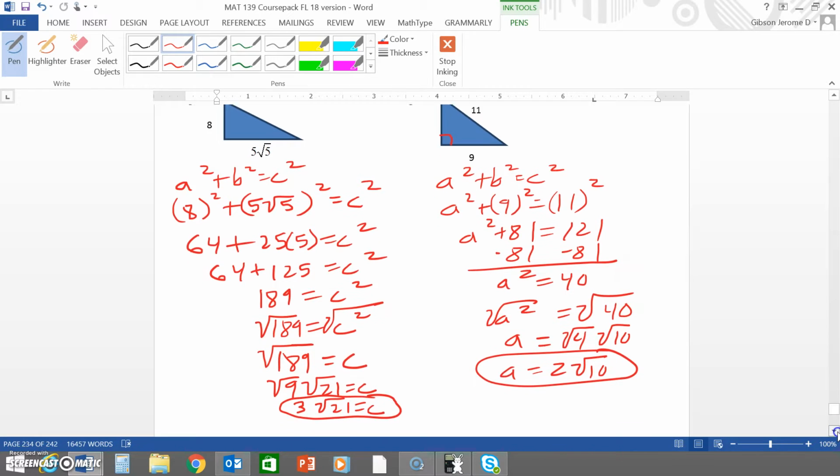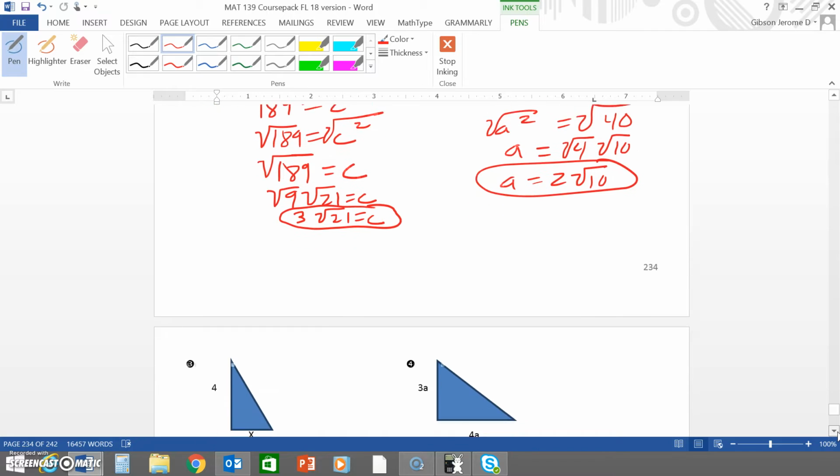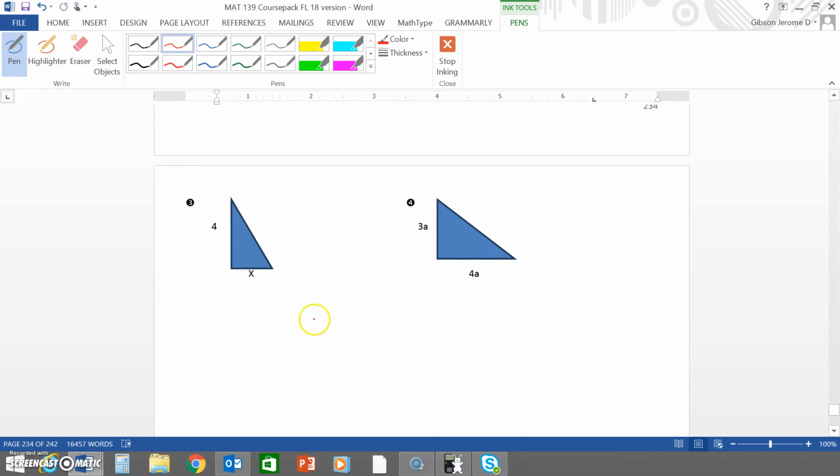Now, we scroll down here. We have our last two problems, problems 3 and 4. We have 4 and x, so we could do a squared plus b squared is equal to c squared. We don't know what c is here. So a is 4, b is x, and we don't know what c is.